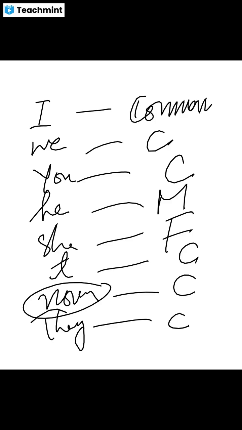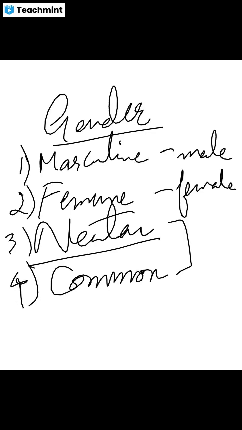So I hope you got all of the ideas regarding the basics of grammar, which is pronoun. I hope all the concepts, all the tidbits are clear to you. Now, one more thing, which is very important, will be something additional.